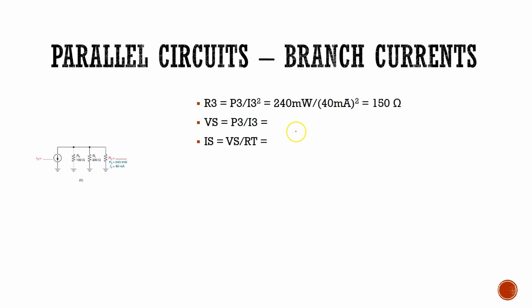We come up with 150 ohms. So now we know P equals I times V. We can use that and solve for V. So V at P3 would be that power divided by the current, and that would give us the voltage.